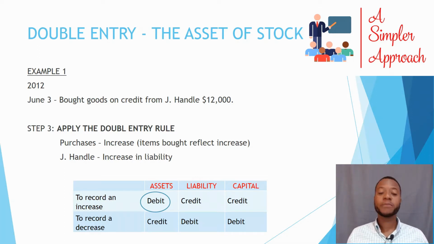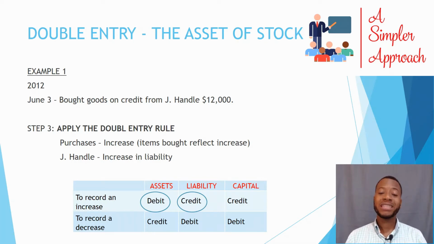Okay? Cool. Now, J. Handel is a liability. Now, when liabilities increase, what do we do? We credit. Now, you see the double entry coming out because remember you're supposed to debit something and credit something.